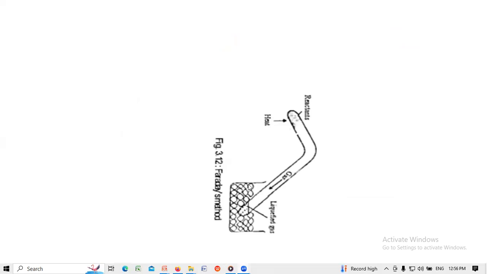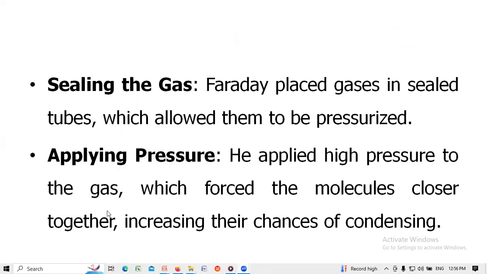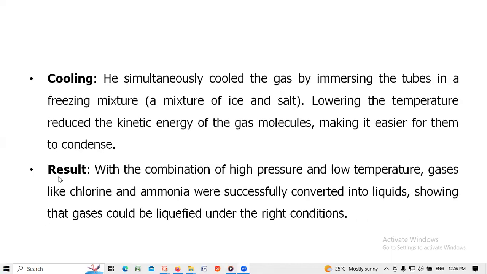In Faraday's apparatus, sealing the gas, Faraday placed the gases in sealed tubes, which allowed them to be pressurized. Applying pressure, he applied high pressure to the gas, which pushed the molecules closer together and increased their chance of condensing.